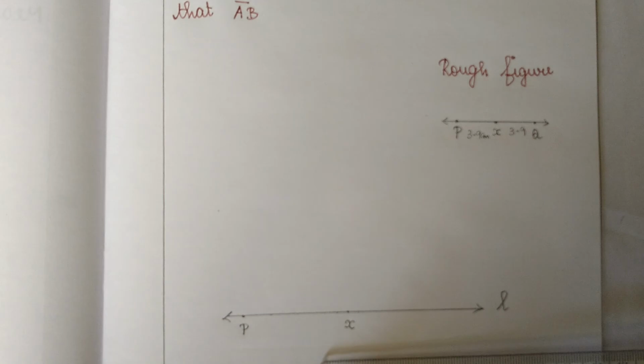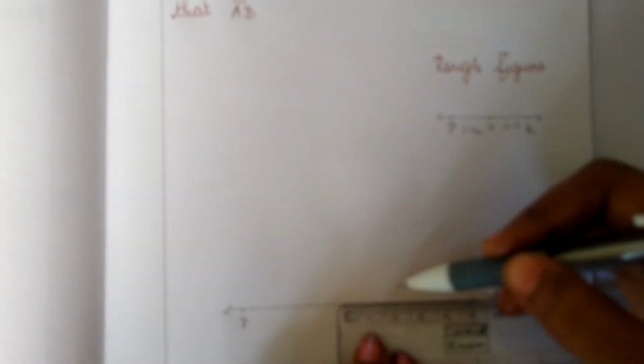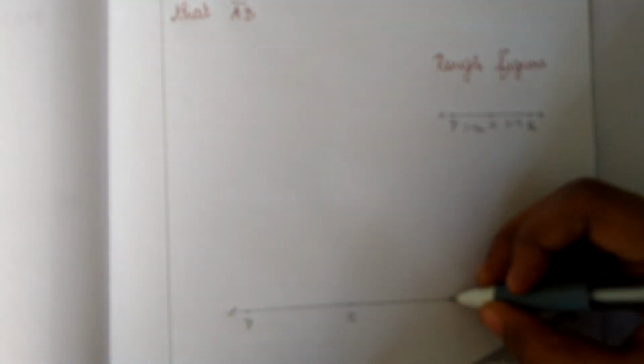Then we have to measure the same measure for QX. So here from X, 1, 2, 3, 3.5. This is 3.9.